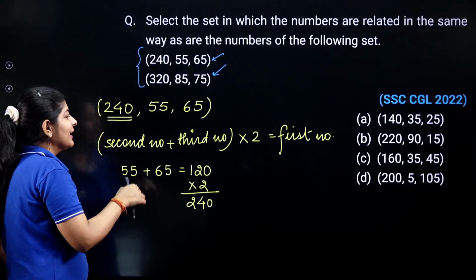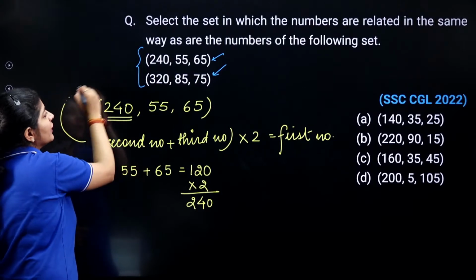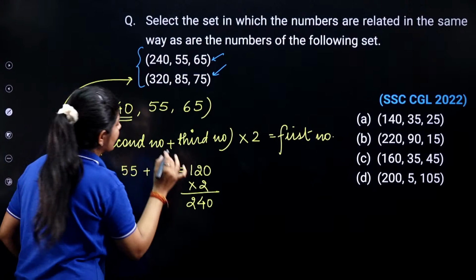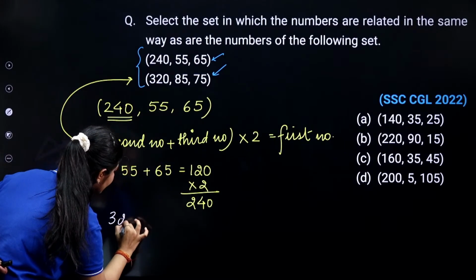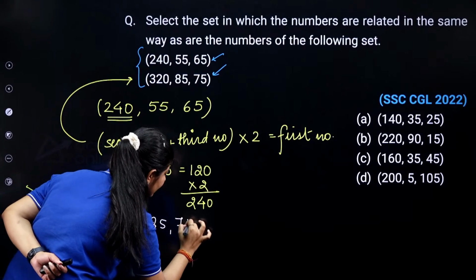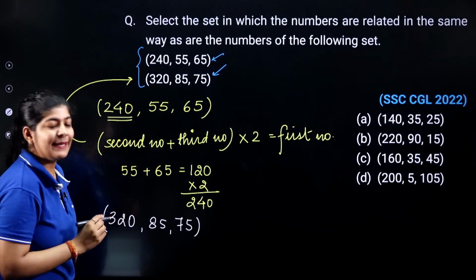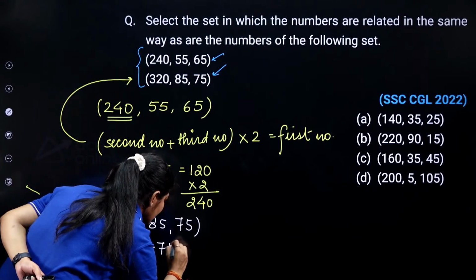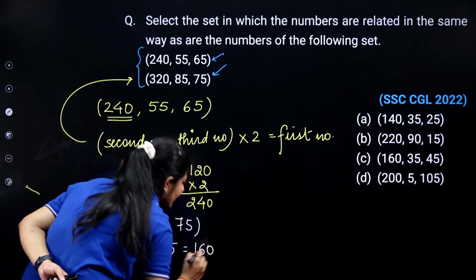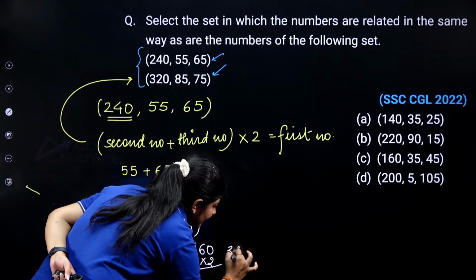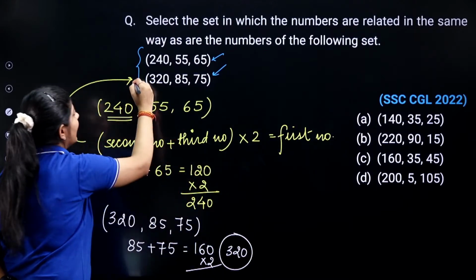But I need to check that this pattern is followed in this set or not. So just simply check this one. So here we are having 320, 85 and 75, right? Simply add 85 and 75. We are getting 160, and when we multiply 160 by 2, we are getting 320. Applicable?